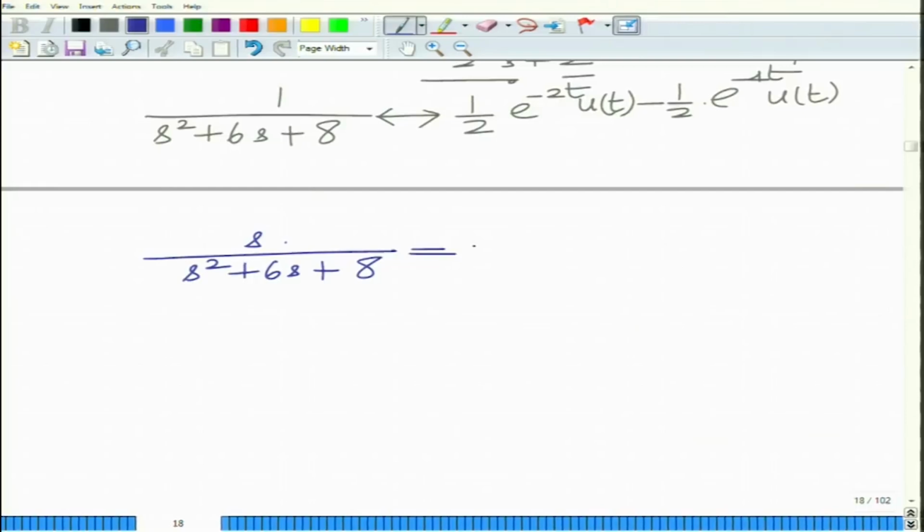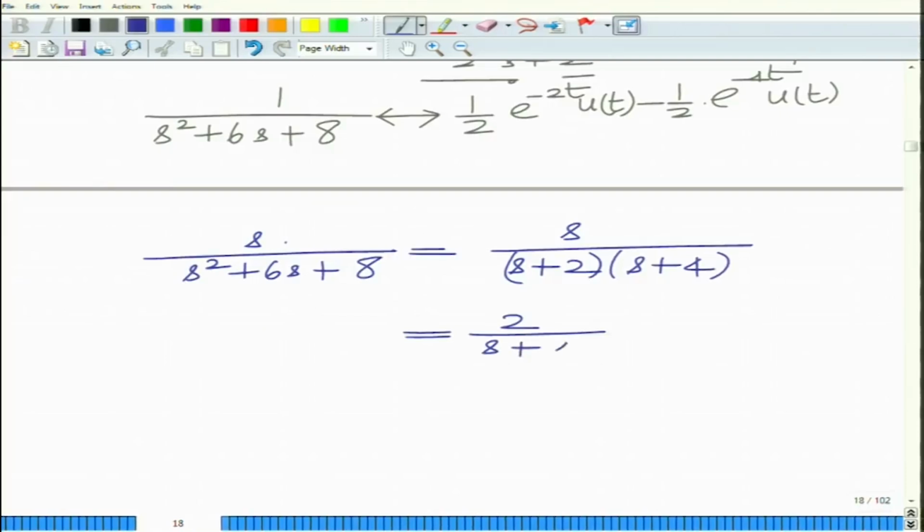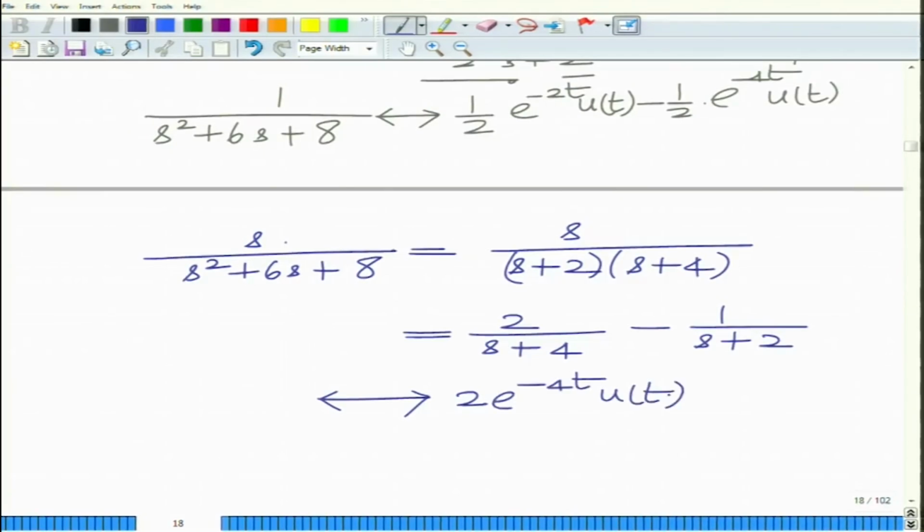Okay. Now, let us consider another term, s divided by s square plus 6s plus 8, that is s divided by (s plus 2)(s plus 4), which is 2 divided by s plus 4 minus 1 divided by s plus 2, which has the inverse Laplace transform 2 e raised to minus 4t u(t) minus e raised to minus 2t u(t).